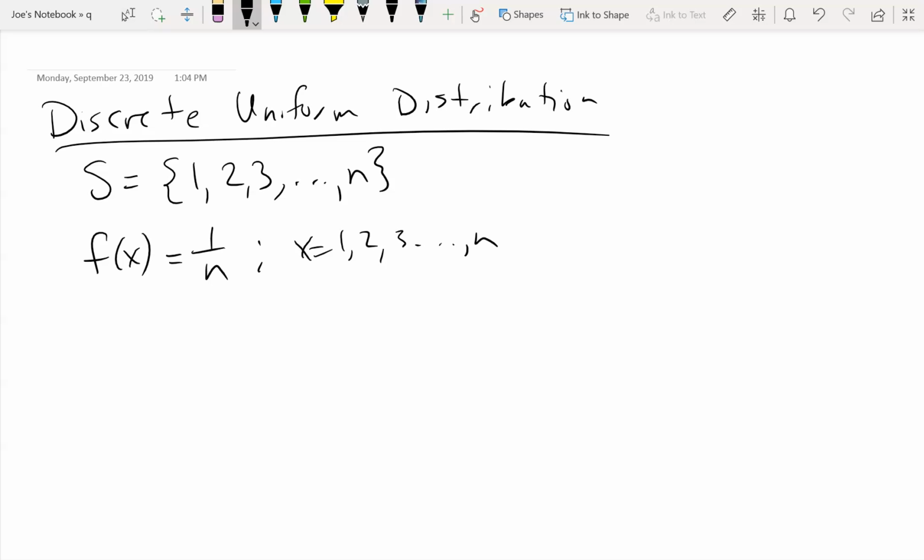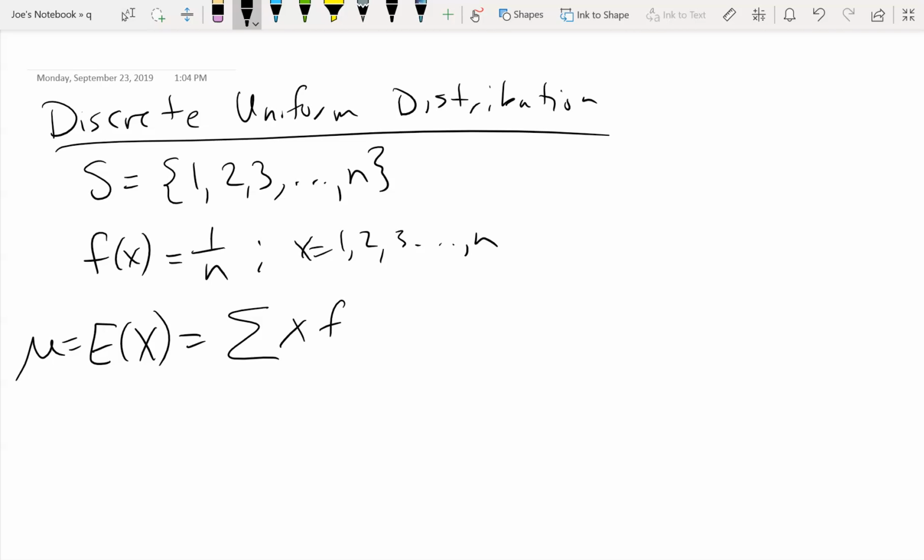What we're interested in with these distributions is not just the probabilities, but things like their expected value and their variance, or their mean and variance, either way. So for the mean, how do we calculate the expected value again?